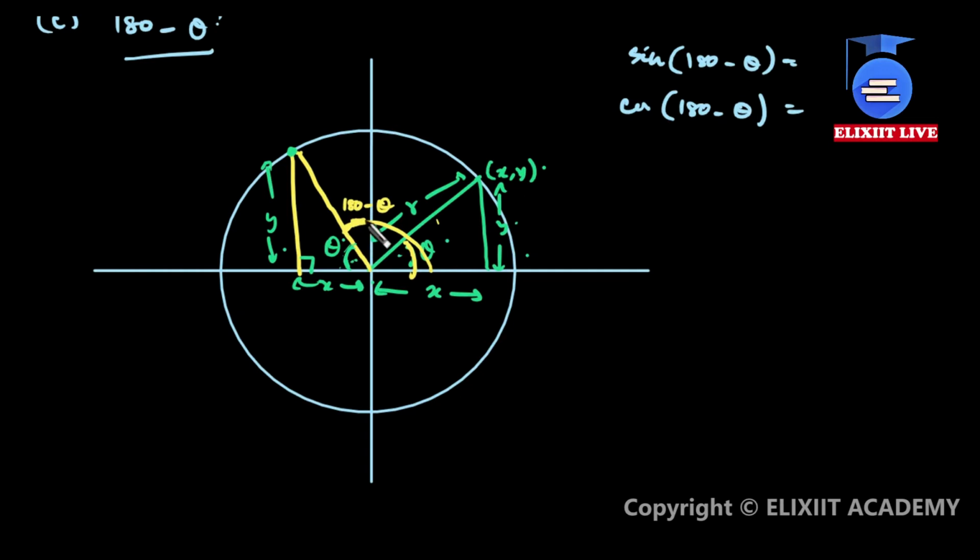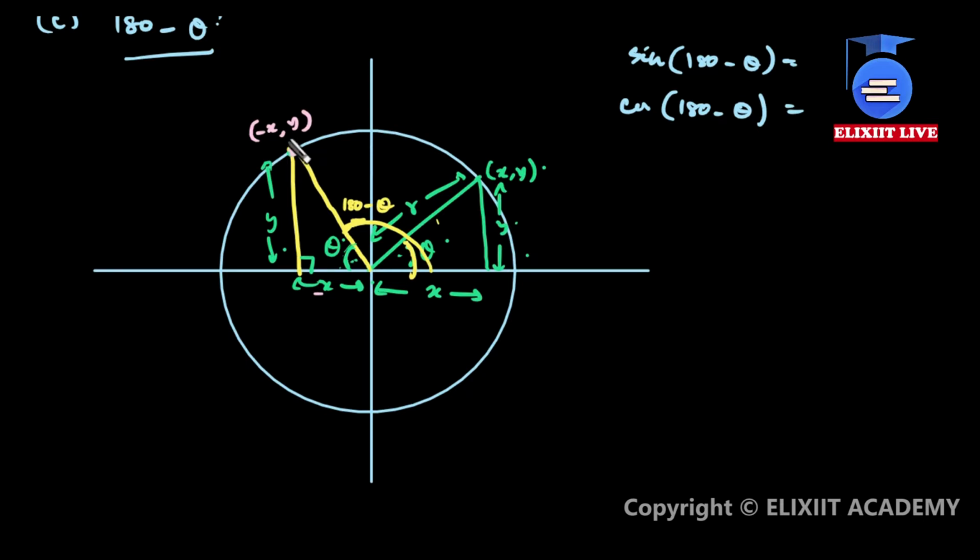Over here I have considered this 180 minus theta. If this is 180 minus theta, then this is definitely theta. Clear? So gradually we have got the coordinates. Over here x is negative, so this coordinate will be minus x comma y. On the x-axis, x is negative in the second quadrant, and y is positive, so over here minus x comma y.